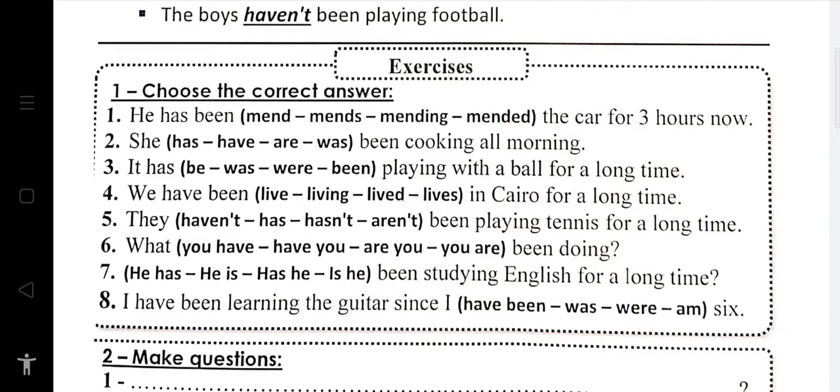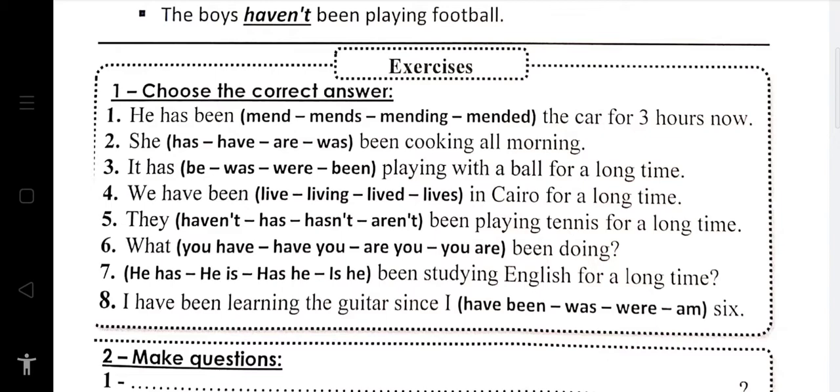Number four, we have been living, lived, lives in Cairo for a long time. We have been living. Number five, they haven't, has, hasn't, aren't been playing tennis for a long time. They haven't been playing tennis for a long time. Number six, what you have, you are, been doing.